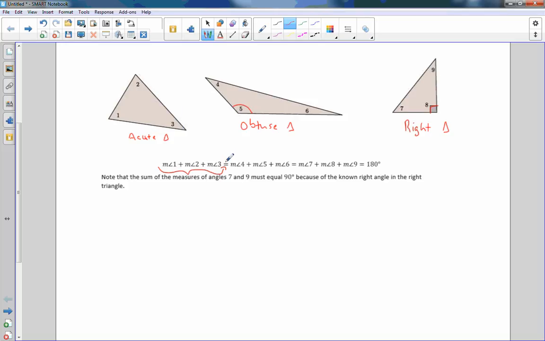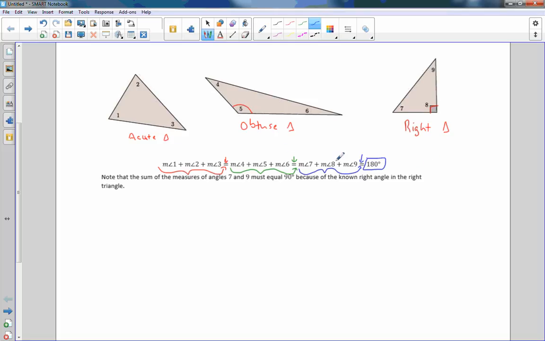Okay, notice this equal sign here. These three angles equal the sum of the measures of angle 4, 5, and 6, and there's another equal sign there. And then finally the measures of angle 7 plus the measures of angle 8 plus the measures of angle 9. All they're saying here is that this triangle, and this triangle all equal 180 degrees when you add up their angles.